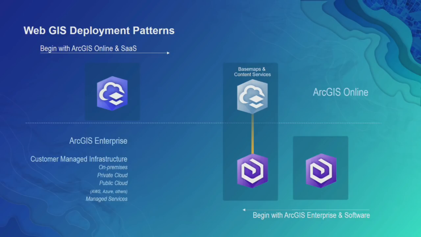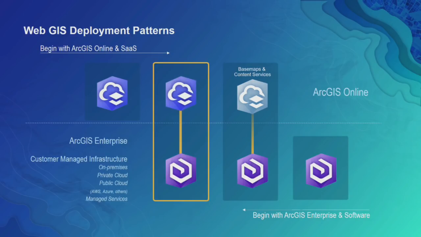And there's also, some people take it a little bit further where instead of just using, let's say, the free services from ArcGIS Online of Basemaps and some content services, you also have ArcGIS Enterprise a little more integrated with Online, where you're also taking advantage of batch geocoding services or geo-enrichment services or a number of analysis tools that you access through your portal, but it's actually proxying those requests out and using it from ArcGIS Online. And in these instances, potentially using credits.